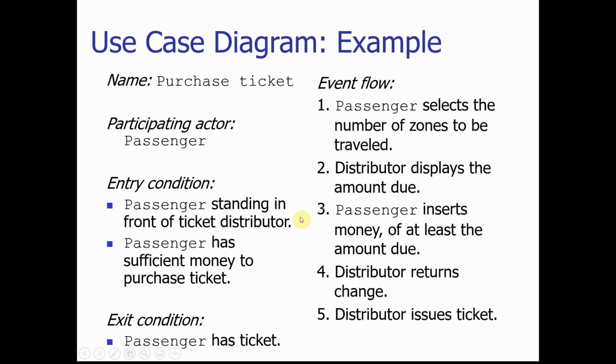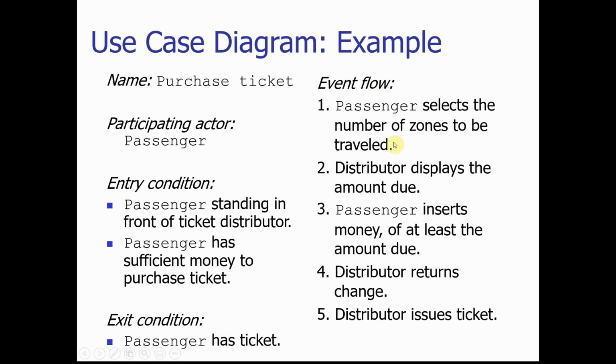In the previous example, let's show the use case diagram example. The name is purchase ticket, the participating actor is a passenger, and the entry condition is a passenger standing in front of the ticket distributor. This shows that the passenger has access to the distributor, and also the passenger must have enough money to purchase a ticket. The exit condition is that after the operation, the passenger has a ticket.